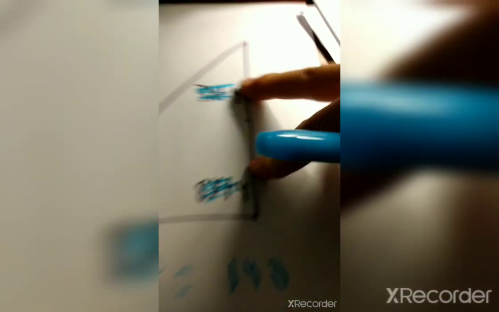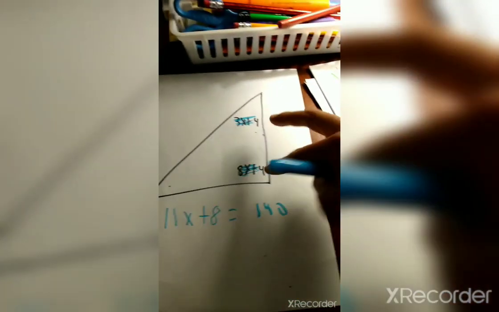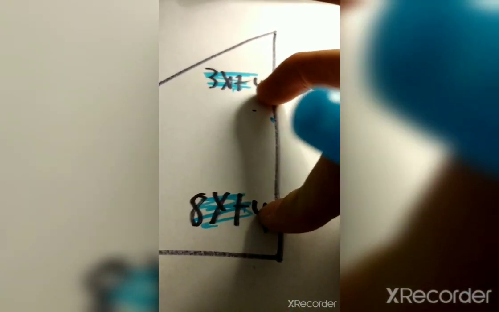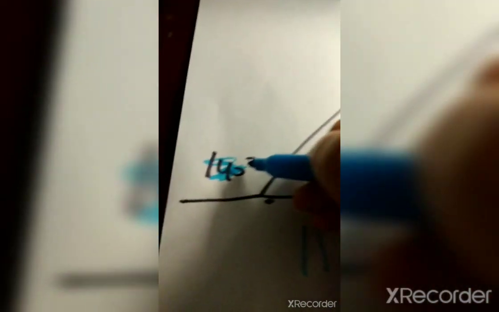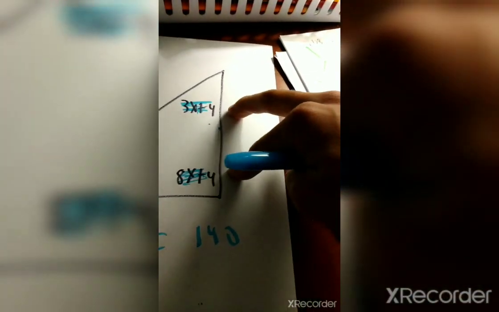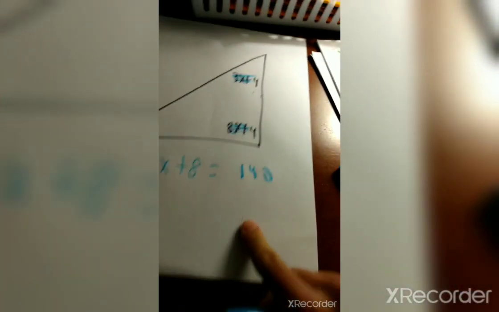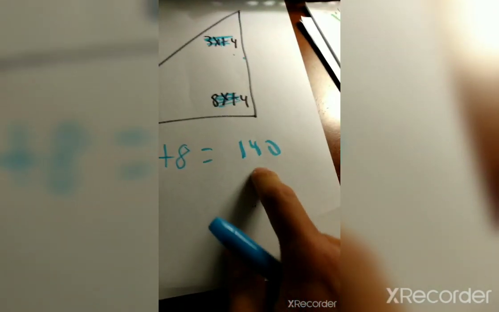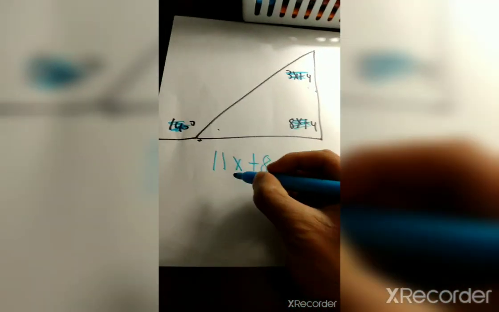The two angles that are far from the exterior angle are called the remote angles. Remote means very far from something or someone. So, if we combine like terms on these two equations, we can find x.